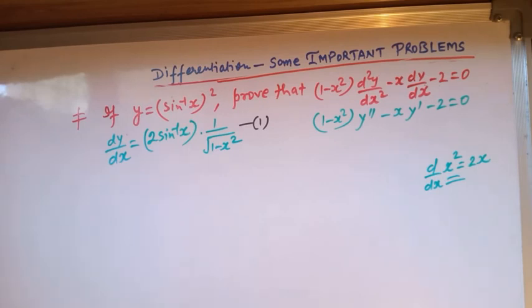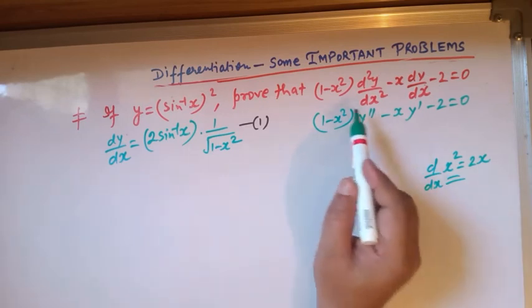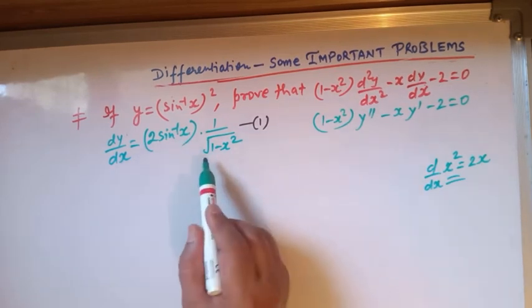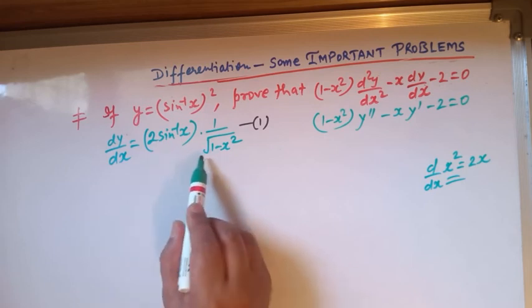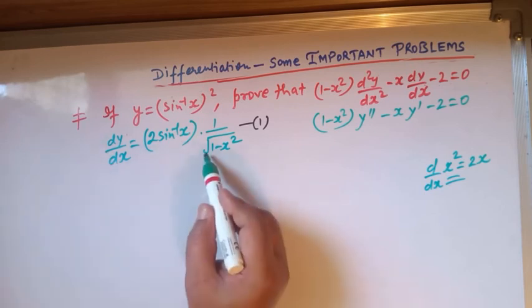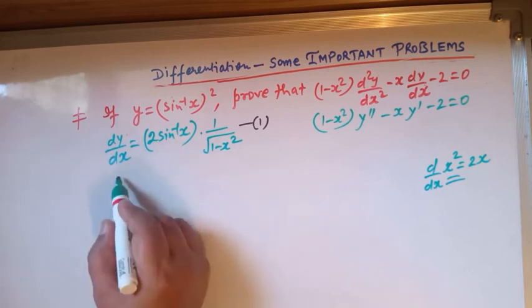So viewers, now what we will do, again as in the previous example, we saw that we multiplied, or we have transferred this term to this side. So we'll again do the same thing here. We'll transfer it to this side.